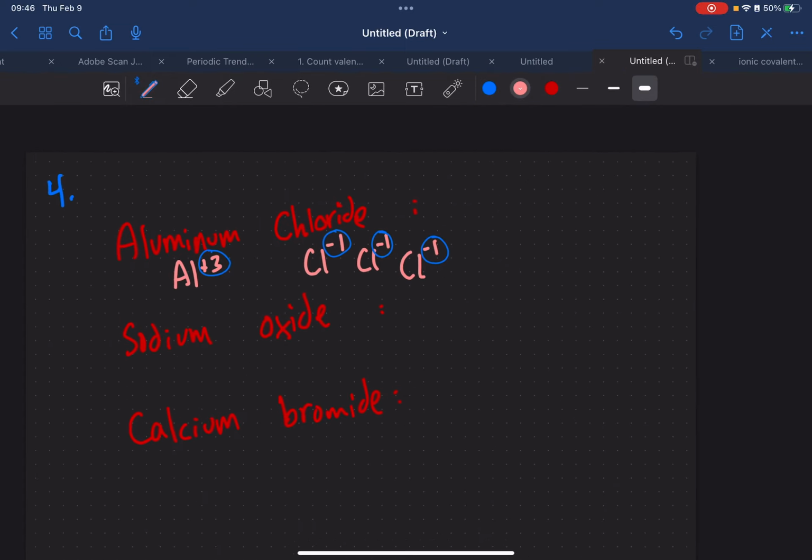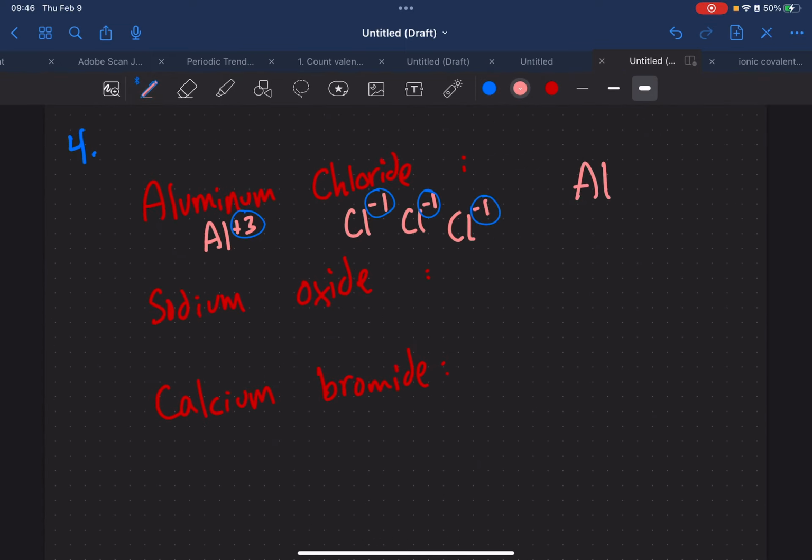And there we go. The formula for this then is AlCl3. So we have 1 aluminum with the +3 charge and 3 chloride ions, each with a -1 charge, and that's how we balance the charges out.